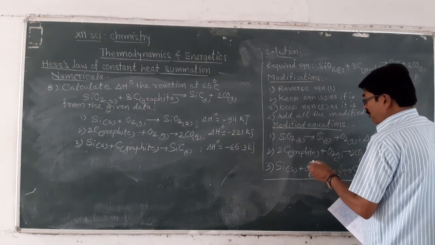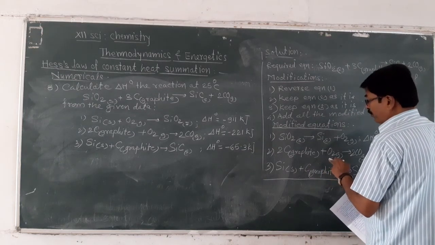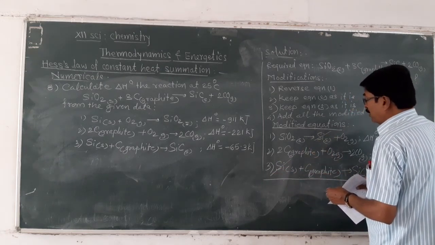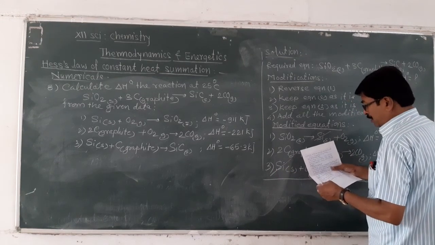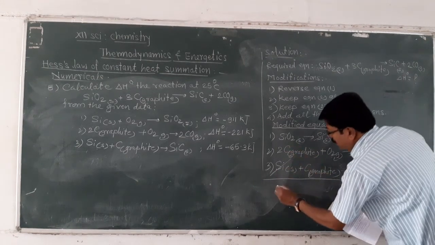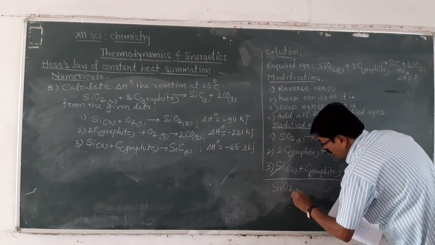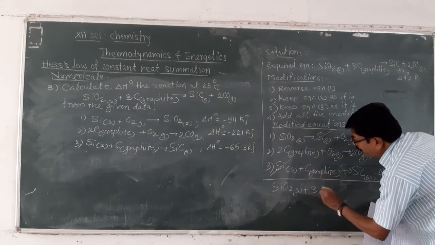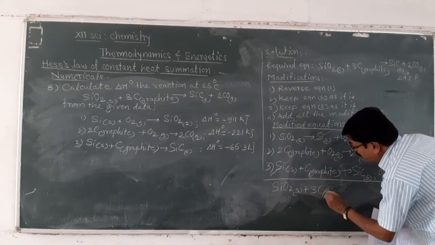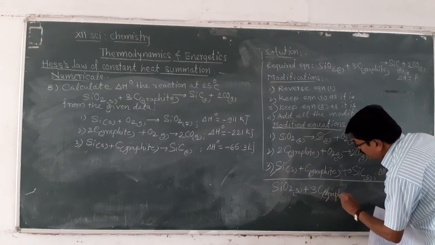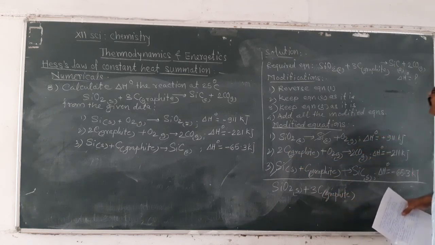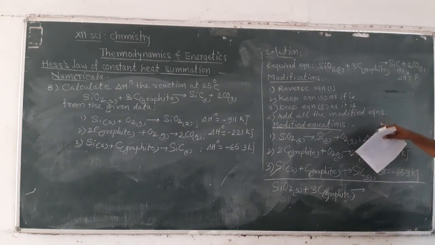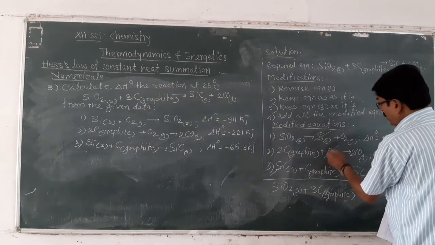Now here you can see silicon gets cancelled. Now here SiO2 solid plus 2 carbon plus 1 carbon, 3 carbon graphite. On product side, what is left? Here oxygen also gets cancelled.